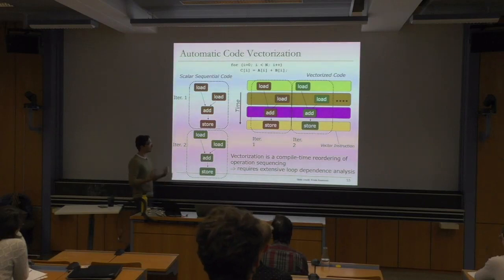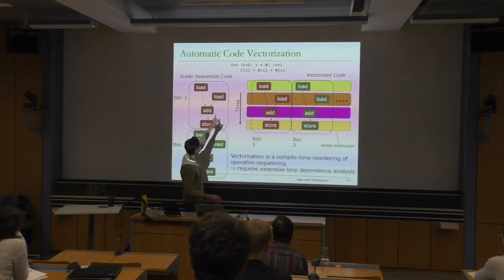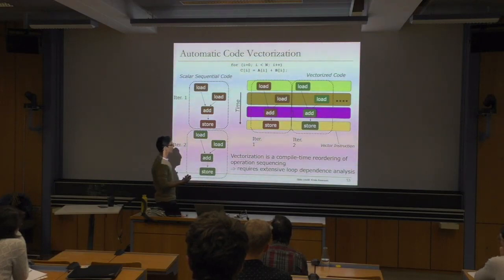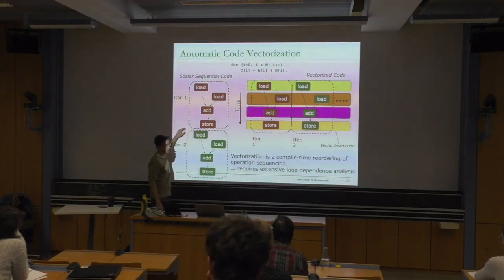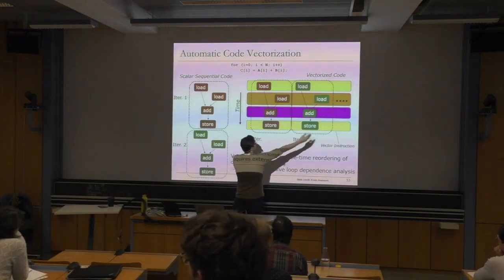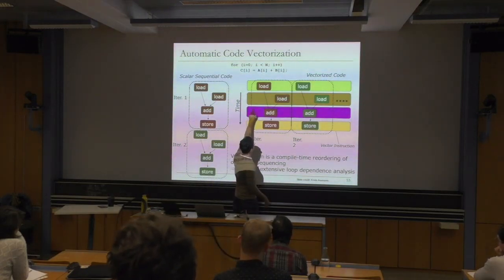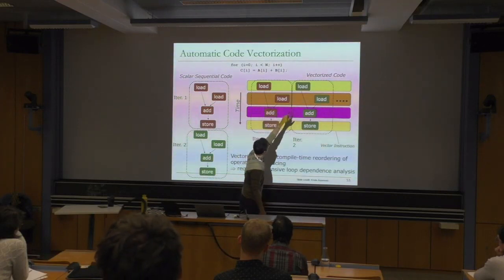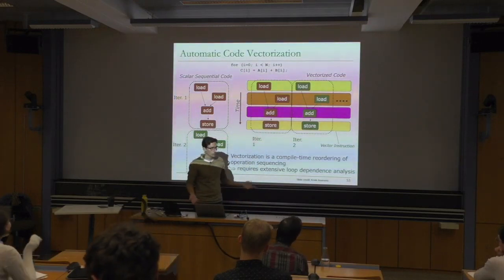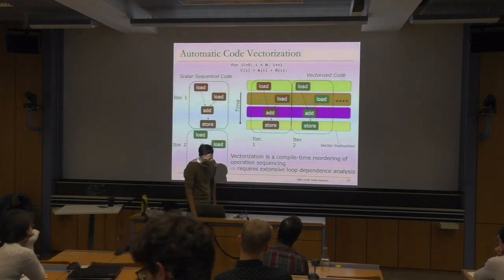And the compiler would be able to vectorize a loop, for example the loop that we have on the top of the slide, if there are no loop carried dependencies, meaning that iteration 2 is completely independent of iteration 1. And if that's the case, then we can generate vector code and perform these loads and these loads and these additions and these store operations at the same time, in a SIMD fashion.